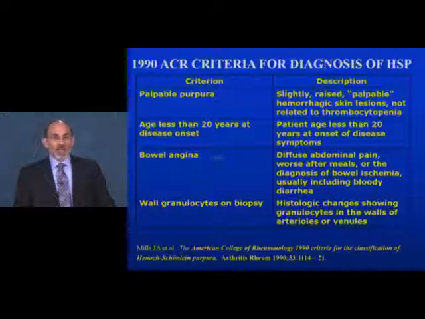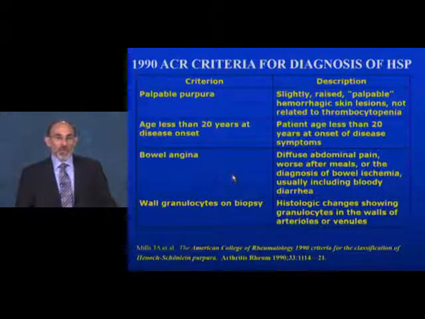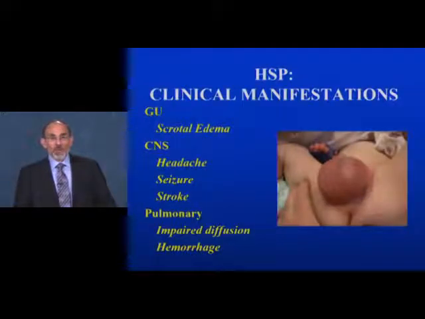They have abdominal pain, which is nicely called bowel angina, and if you biopsy, which you shouldn't have to do, there will be granulocytes on the walls of the vessels, whether in the skin or in the kidneys or in the GI tract. Other clinical manifestations include scrotal edema. This is useful because not that many conditions involve the scrotum in children, and the most worrisome is vasculitis. Both Kawasaki disease and HSP, as well as PAN, may cause significant involvement of the scrotum.